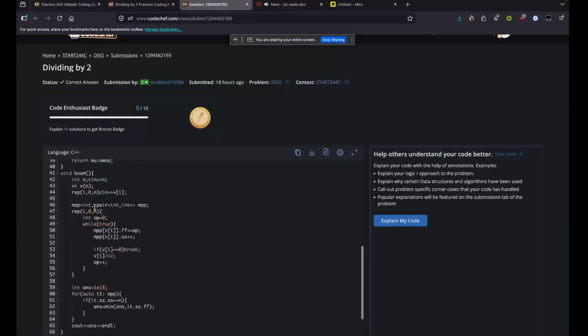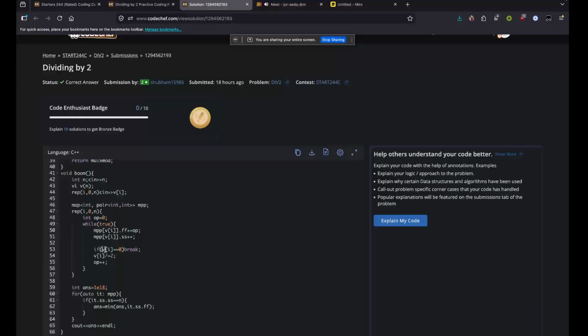As I told, I take a map. For each element, we are starting with operation 0 and counting how many operations are taking. In each operation, we are incrementing it by 1, and in each operation, we are dividing it by 2.